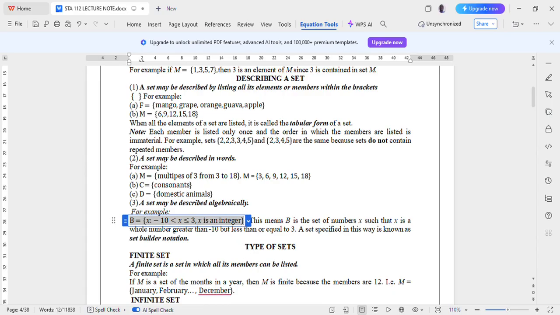Let me type it: x is such that minus 10 is less than x less than or equal to 3.